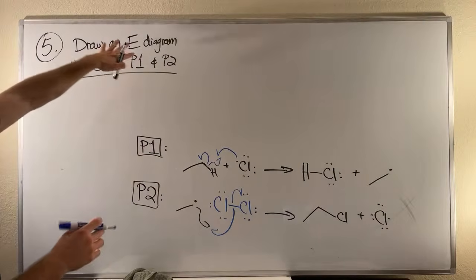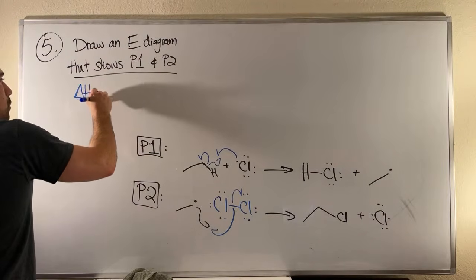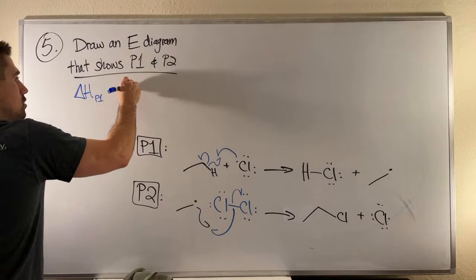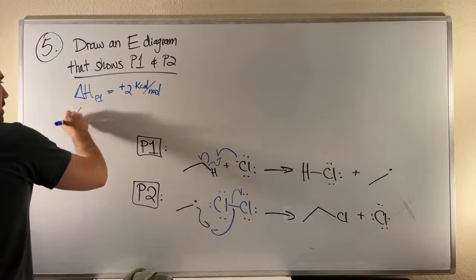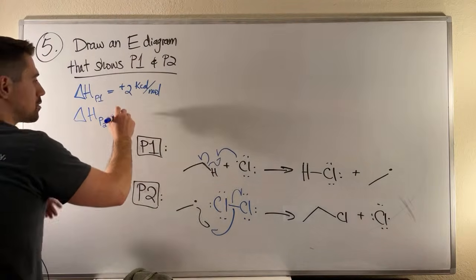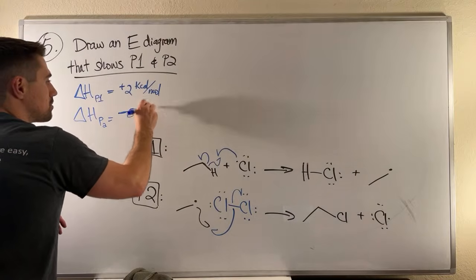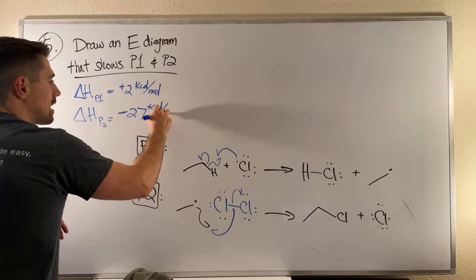I'm just not writing it here, but the heat of reaction for P1 is plus 2 kcals per mole. I'm just making these up. Delta H P2, they're kind of accurate numbers, but don't worry about them so much, is negative 27 kcals per mole.